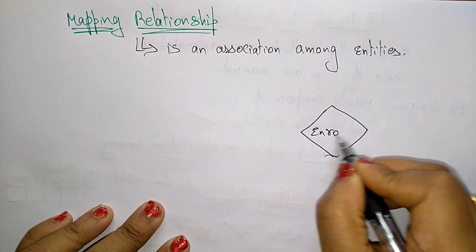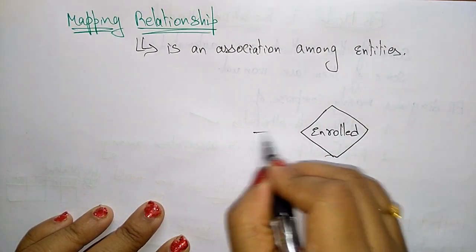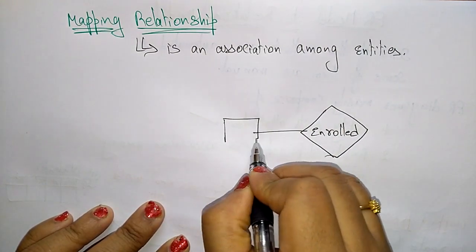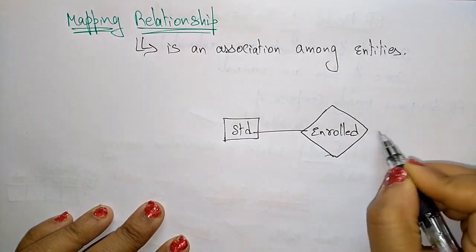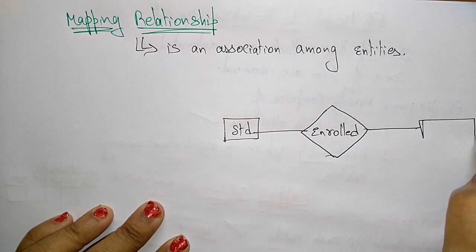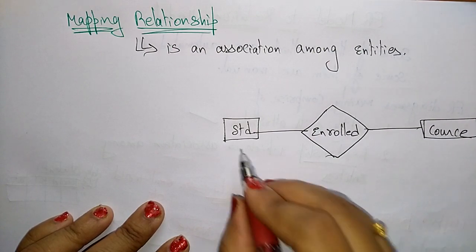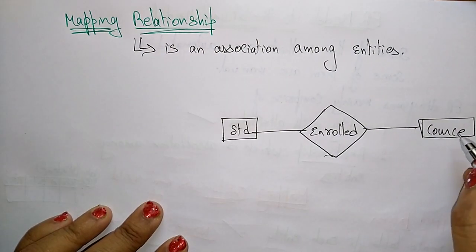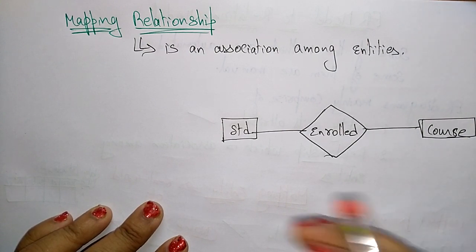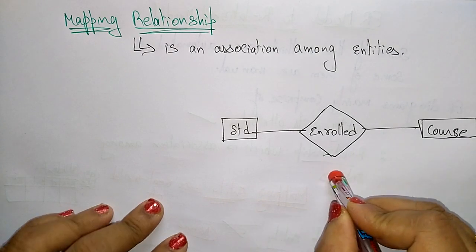Here, enrolled is a relationship between the two entities. The entities are the student and course. A student is an entity and the course is an entity. And the relationship between the student and the course is enrolled.